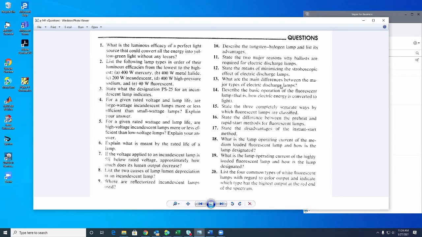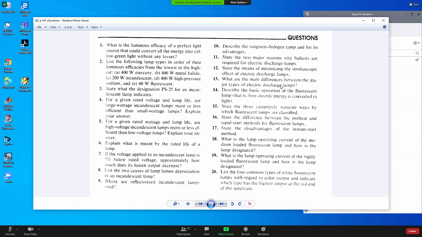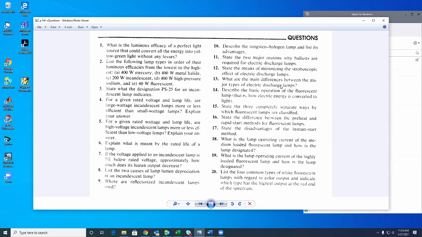And then minimizing the stroboscopic effect. So we said using three-phase or currents which are out of phase, so that they do not zero cross at the same time. Okay, so that's just a few of the questions.